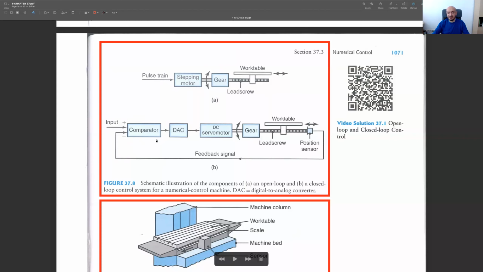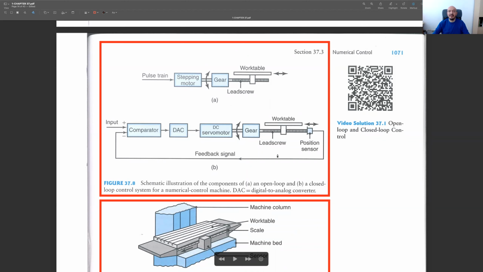If we have an error in between, for instance, the input, as we said, is 10 millimeters, but the actual position might be 9.8 millimeters, then that means we have an error of 0.2 millimeter. If that's the case, then that 0.2 value will be converted into an analog voltage. This is the digital to analog converter, and with the help of this analog voltage, our motor will move a little bit, and the error of our work table will be eliminated.